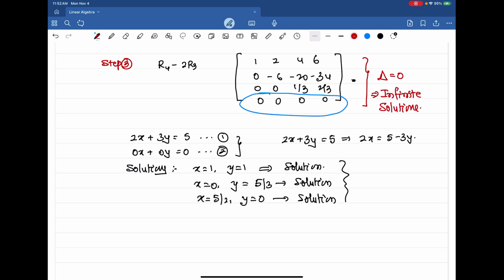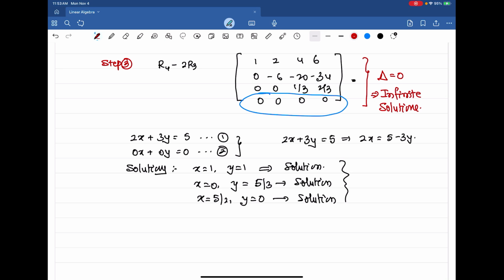Please try to remember, if a matrix is given and we are asked to find the behavior of the simultaneous equations, then operate the elementary row and column operations on this matrix and see whether the determinant is 0.